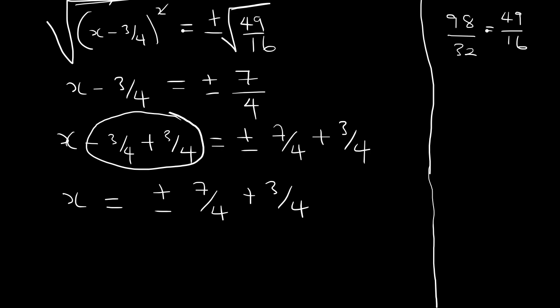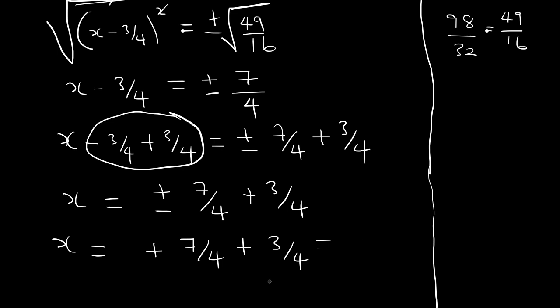Now we have two signs, plus and minus. So we are going to take two cases. The first is positive and the second case is negative. So if we take the positive case, we'll have that x is equal to positive 7 over 4 plus 3 over 4.